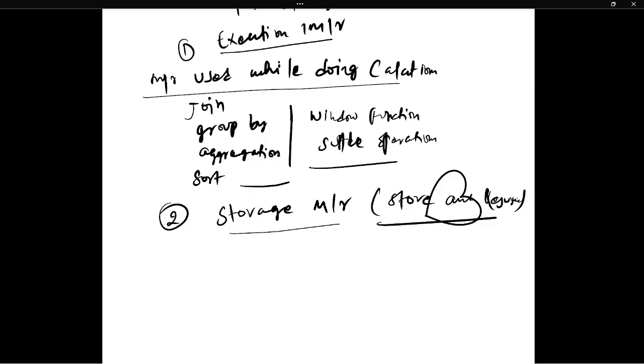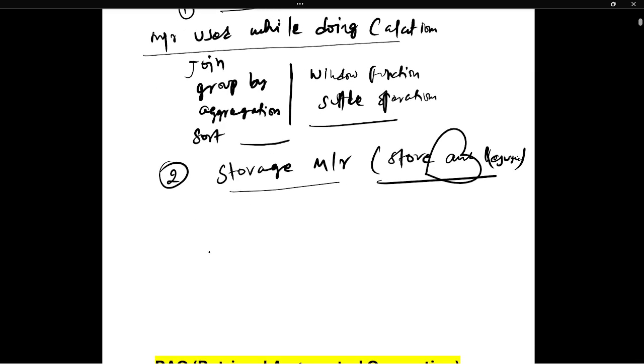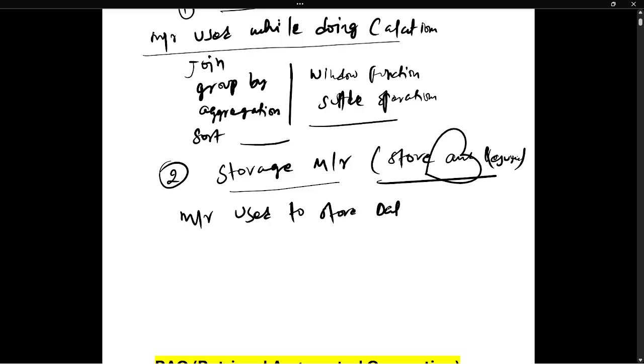So what is store and reuse memory? That is basically memory used to store data for later use. So that is called storage memory.